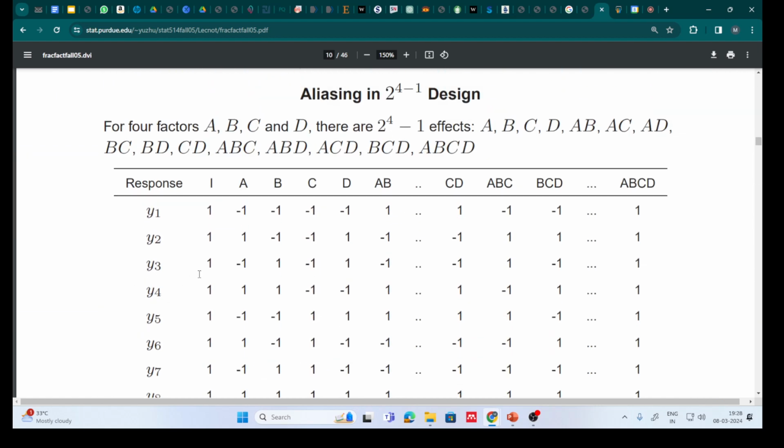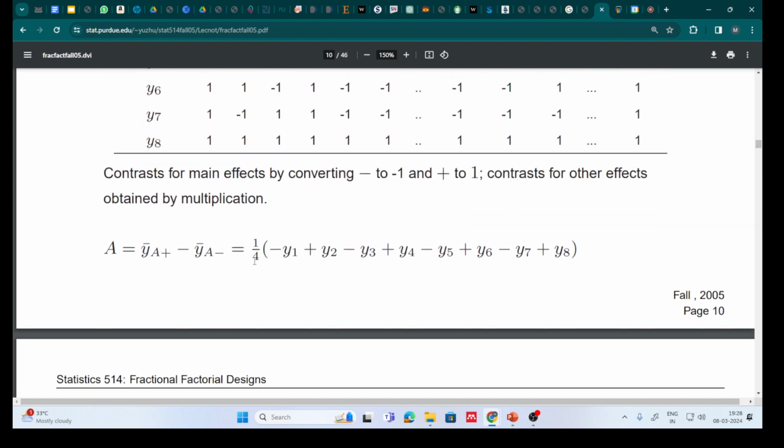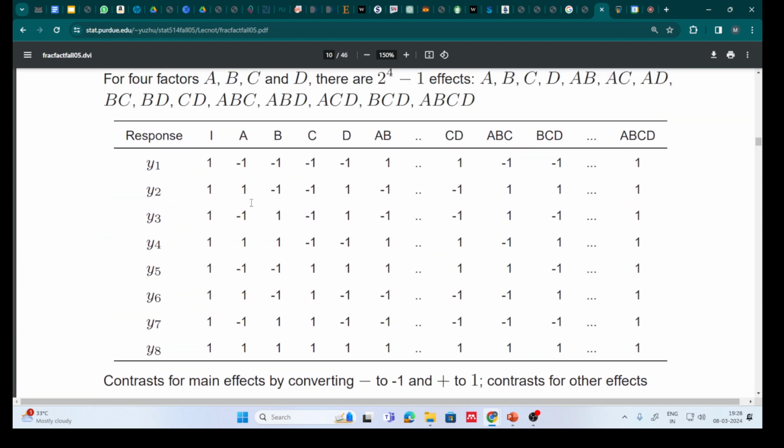Let's say I want to calculate the effect of A. We check where A is positive, which is 1, 2, 3, 4, and take those values: 10, 10, 10, 10, 40 by 4, minus the negative values, 5, 5, 5. So it will be 10 minus 5 is equal to 5.